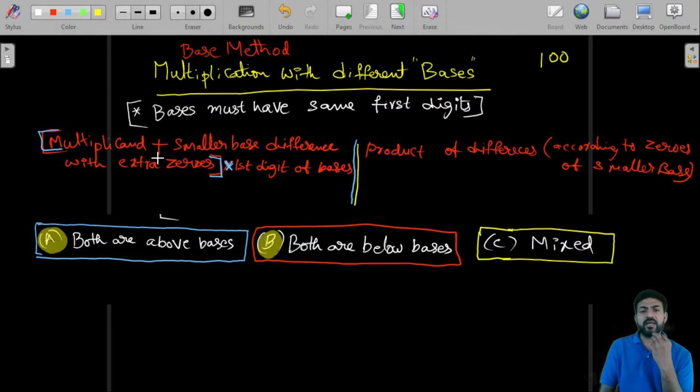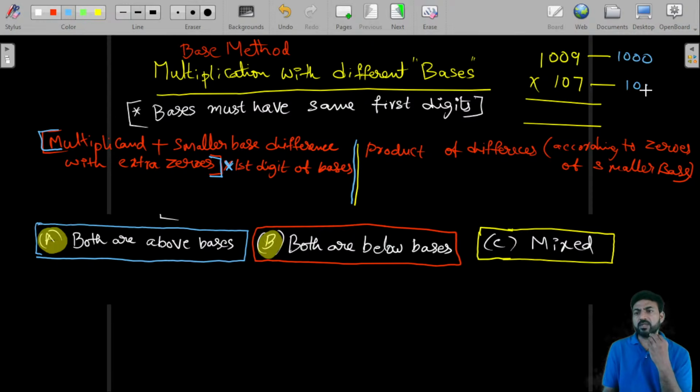See, multiplicand into multiplier, for example, 1009 into 107. Both are above bases. If you want to take bases for these numbers, you have to take 1000 here and 100 here.